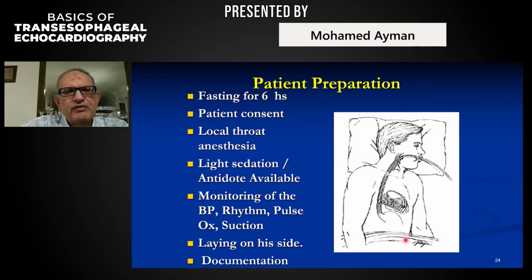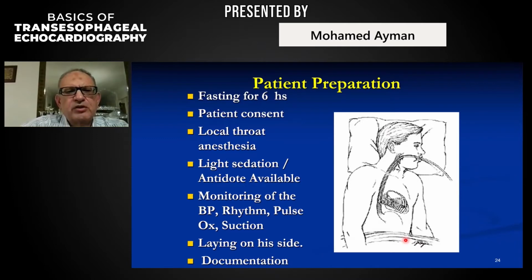So the patient should be fasting for 6 hours. You should have a patient consent. Local throat anesthesia with xylocaine, light sedation with midazolam, also Dormicum. The antidote should be available.